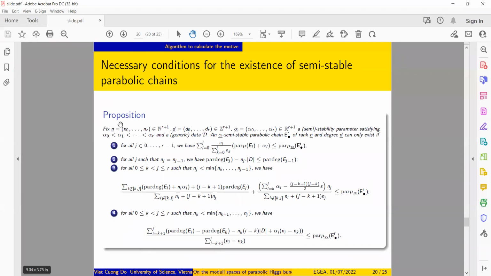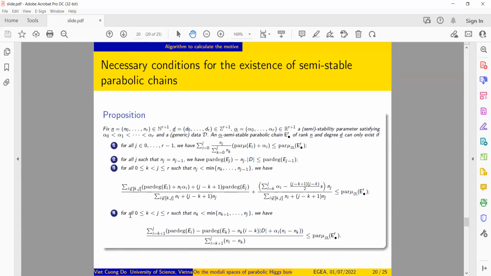If we have a problem with one of the four conditions, that means this Pareto chain does not exist. So as a corollary, the class is 0 because we have an empty set.